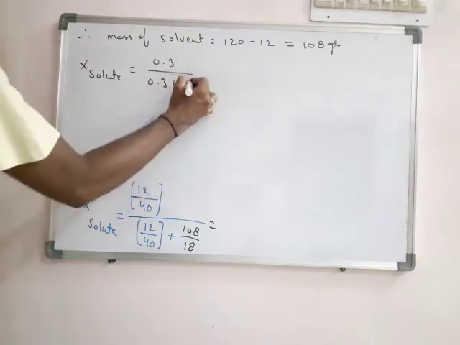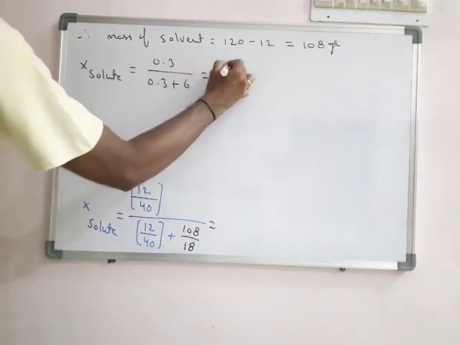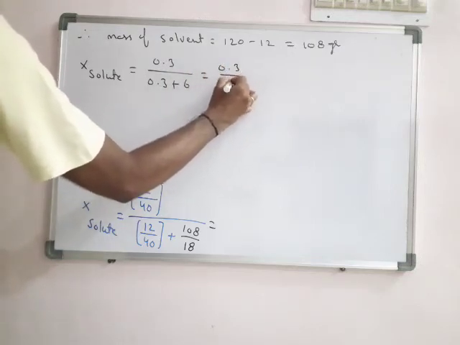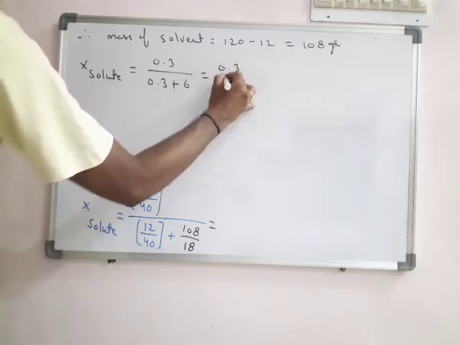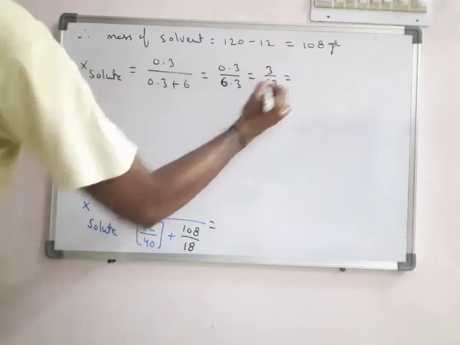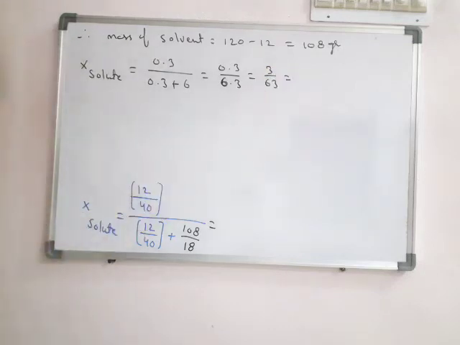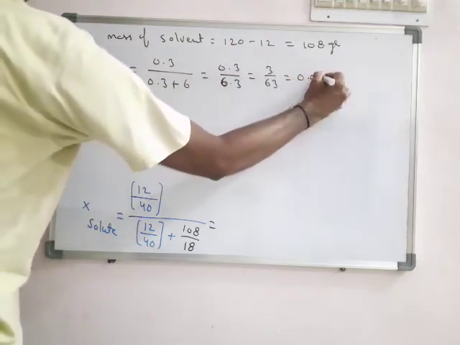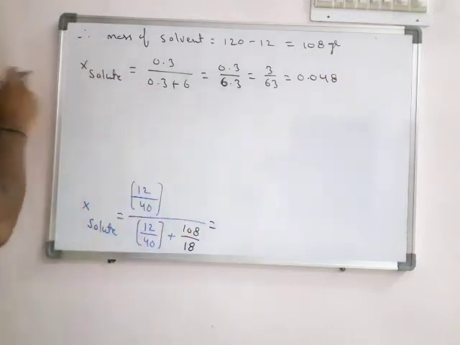Here exactly we are getting 6. So on this we'll get 0.047. 3 divided by 63 is 0.048. So this is the mole fraction of solute.